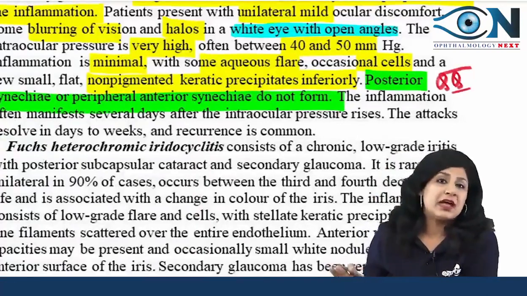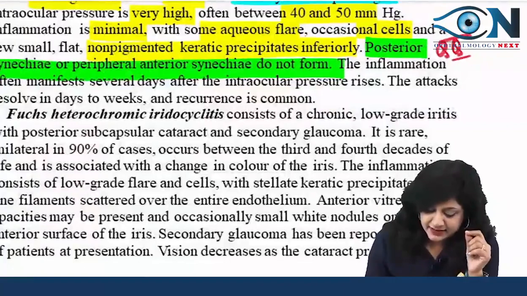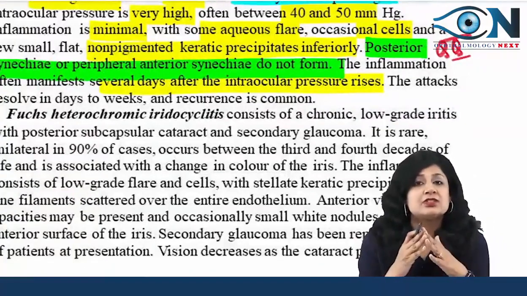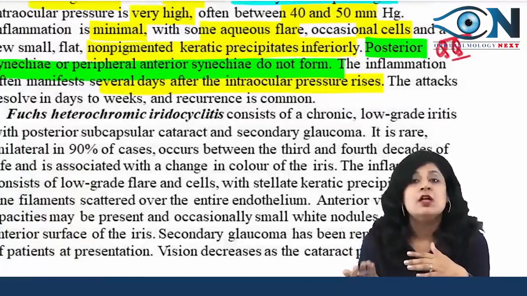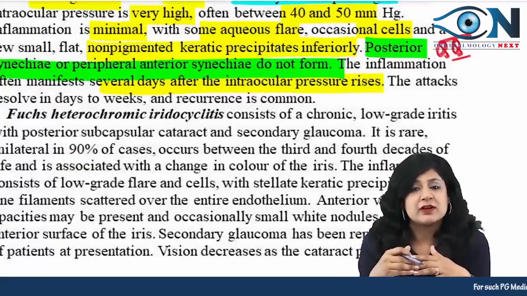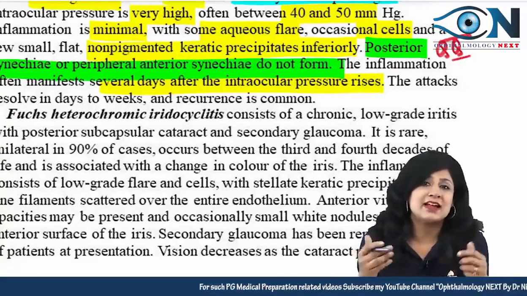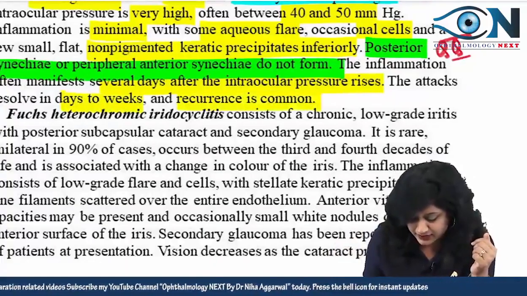You are not going to have any kind of synechiae there. The inflammation often manifests several days after the intraocular pressure rises. Again, an important thing, it is not that first the uveitis comes and that leads to the raised intraocular pressure. First you get the raised intraocular pressure, and after several days you have uveitis, and you then come to realize that actually it is a secondary glaucoma. The attacks resolve in days to weeks, but recurrence is common.